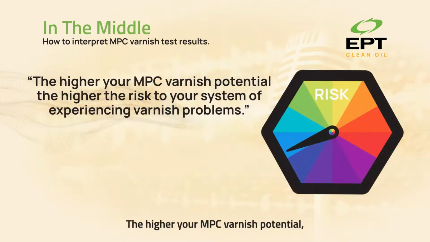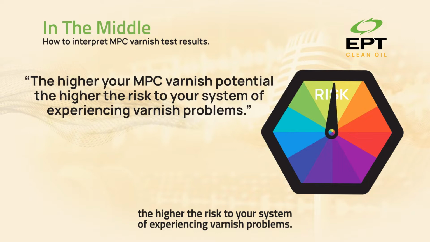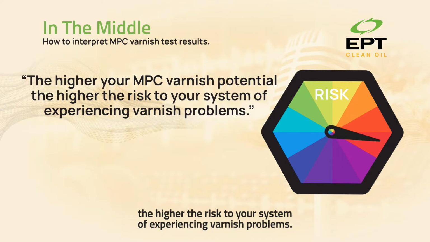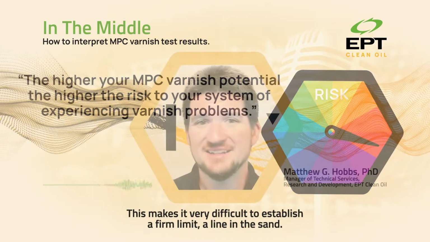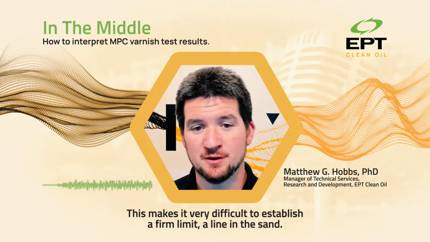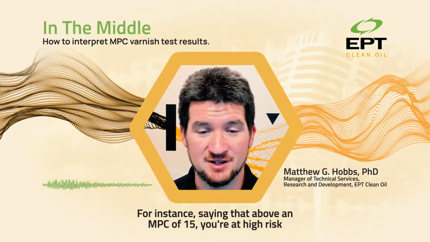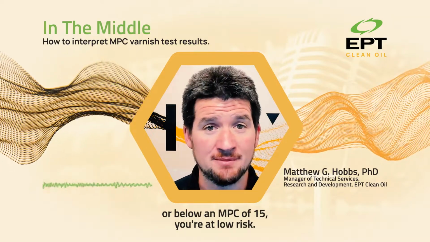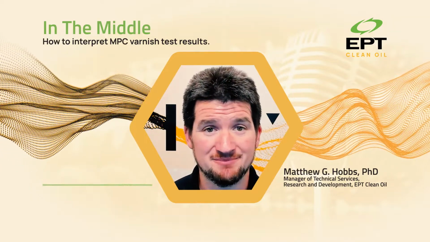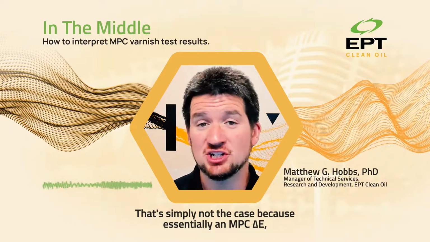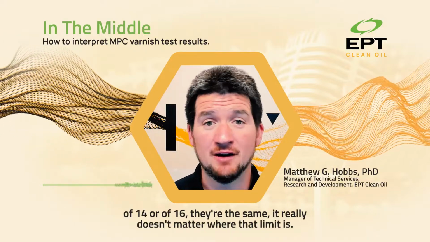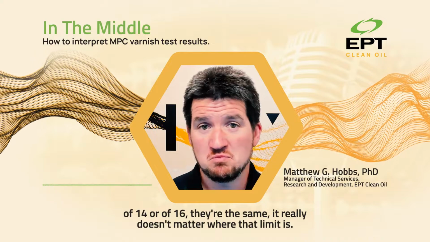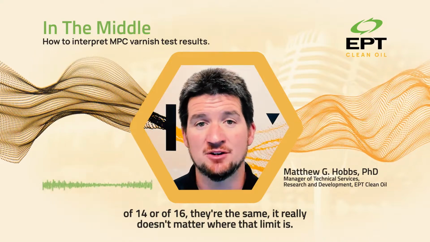The higher your MPC varnish potential, the higher the risk to your system of experiencing varnish problems. This makes it very difficult to establish a firm limit. For instance, saying that above an MPC of 15 you're at high risk, or below an MPC of 15 you're at low risk, is simply not the case, because essentially an MPC delta E of 14 or of 16 are the same. It really doesn't matter where that limit is.